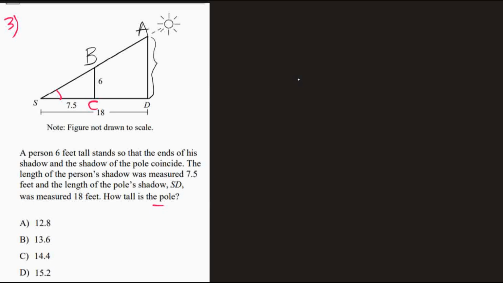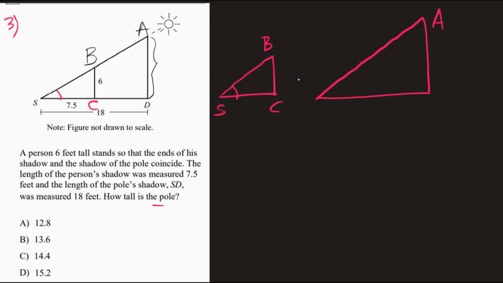So you can compare the two triangles. So I draw in here. This is B, this is C, and this is S. And this will be A, B, and now the same overlapping angle. Now we want to find AD, so this is 7.5, and this is 18.